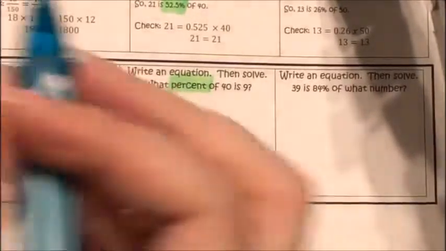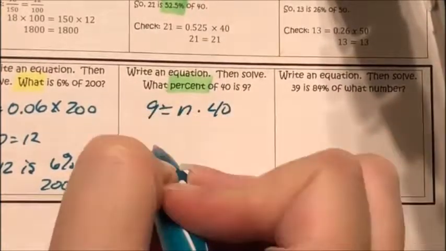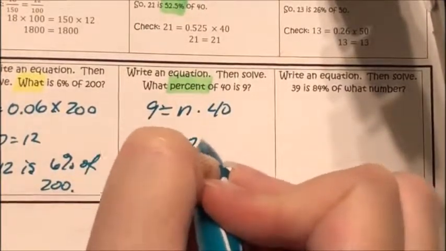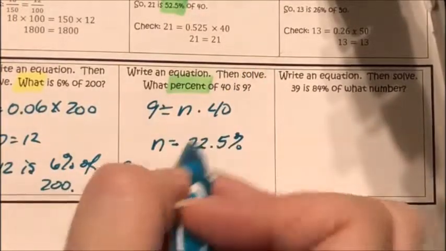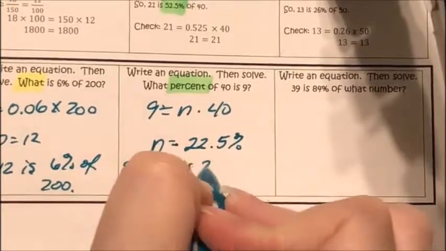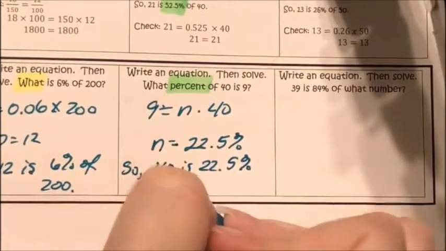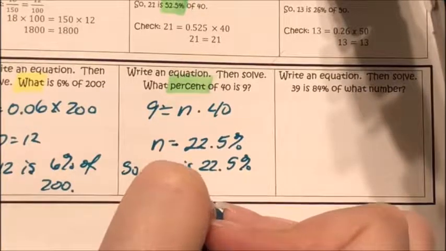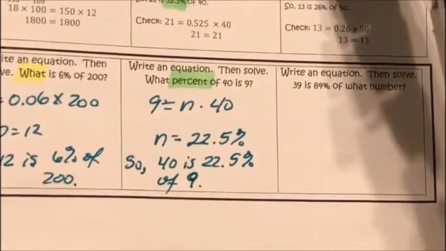Okay, so the equation I came up with was 9 equals N times 40. N equals 22.5%. So 9 is 22.5% of 40.